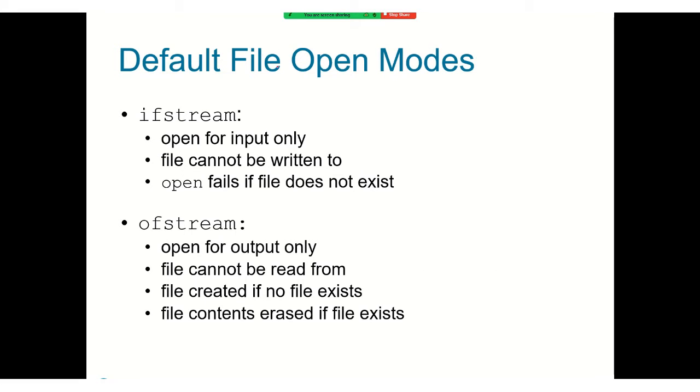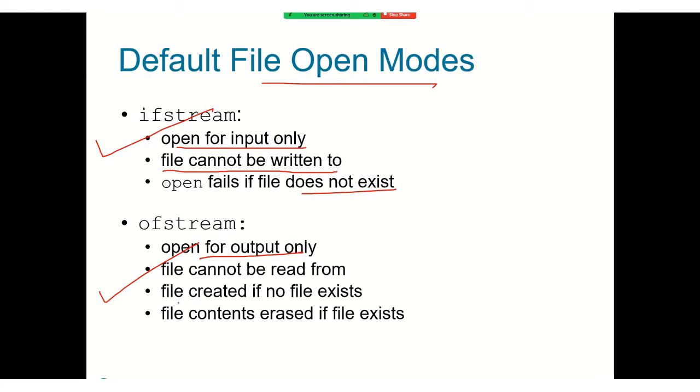So default file opening modes, you can see ifstream and ofstream. So it is open for input only, and ofstream is open for output only. An ifstream file cannot be written to. So if you open a file using ifstream, then you cannot use it for writing purposes. And open fails if the file does not exist.